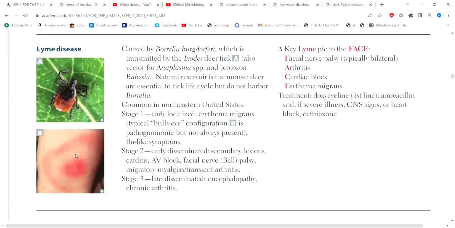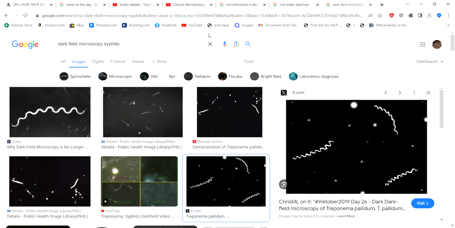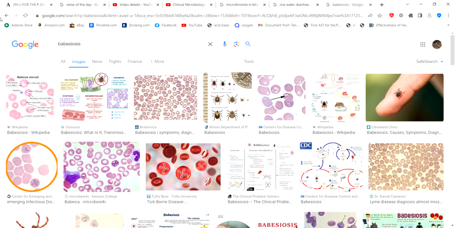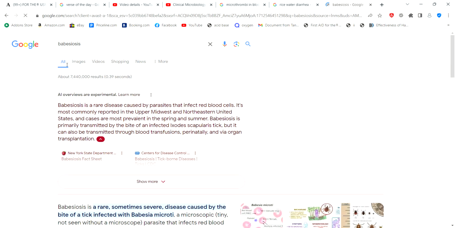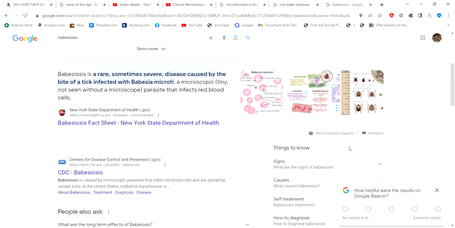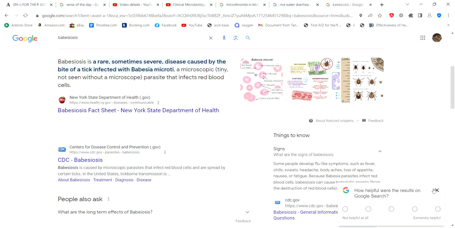What is babesiosis? What are the signs of babesiosis? Flu-like symptoms: fever, chills, sweats, headache, body ache, loss of appetite.